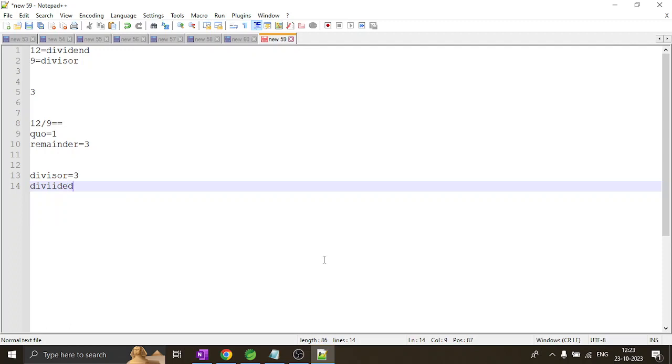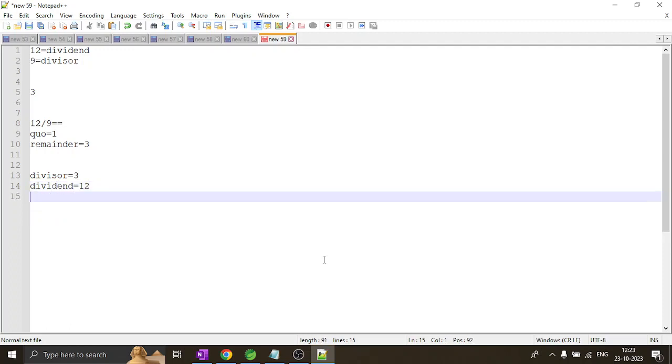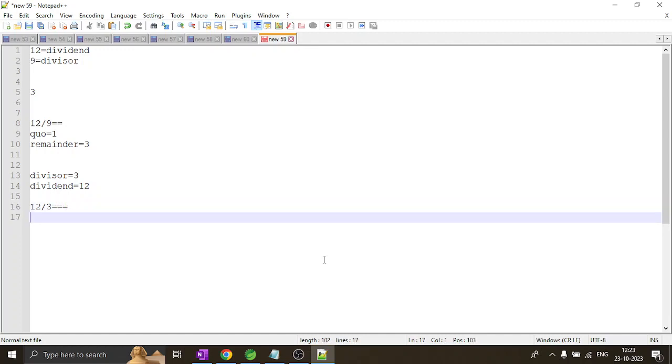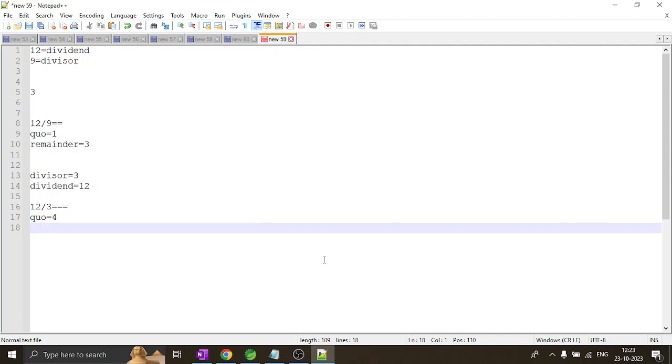So divisor is equal to 3 now, and then the previous divisor becomes the dividend, which is 9. So what is 9 by 3? The quotient is 3, and the remainder is 0.